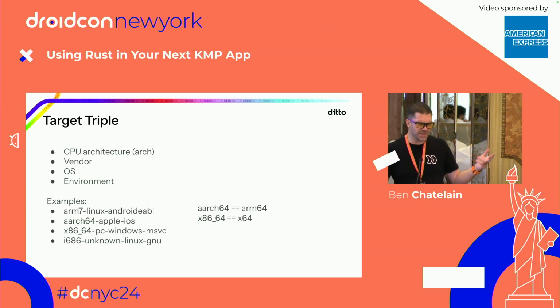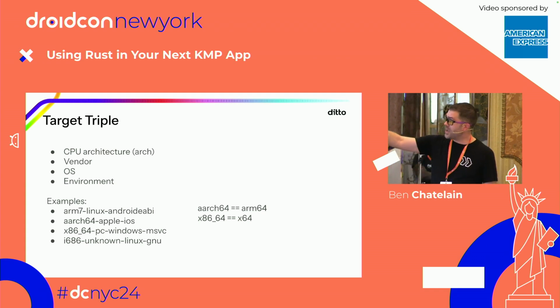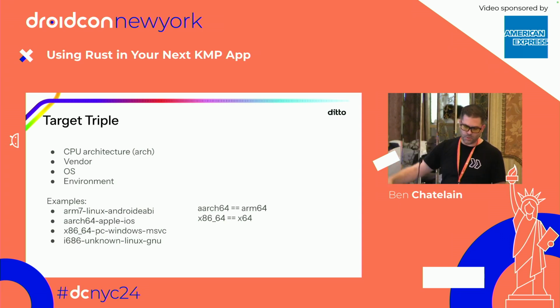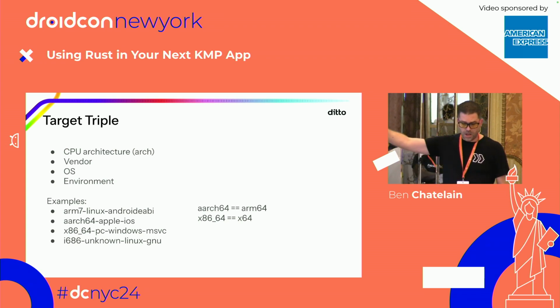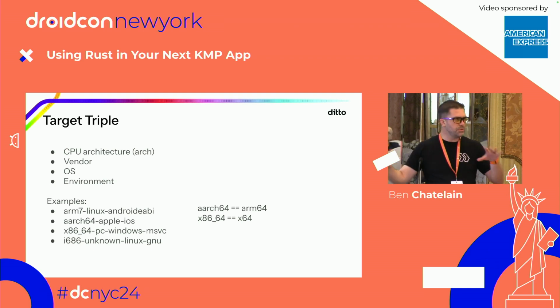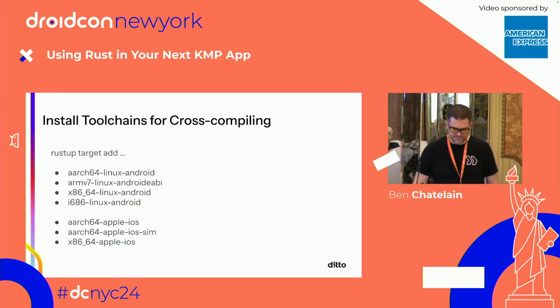But it's still called a triple, even though there's sometimes 4. And by the way, AArch64 and ARM64 are basically the same thing, just different people call them different things. And x64 is just a shorthand for x86-64. The 2 on the right is what you'll see in Kotlin Multiplatform, but I'm calling that out since we're using different tools that call them different things.